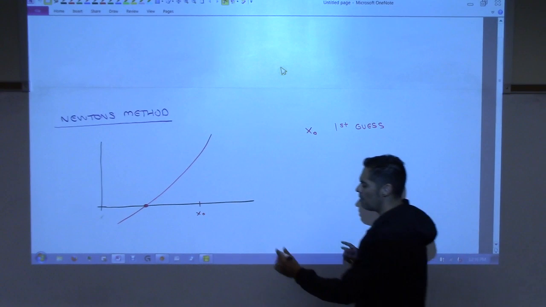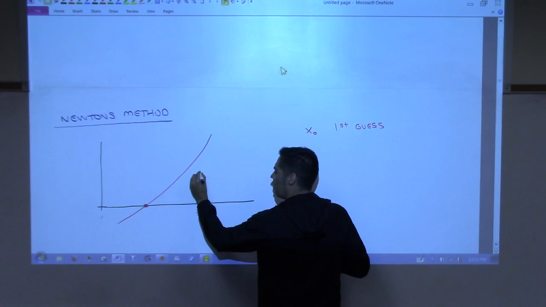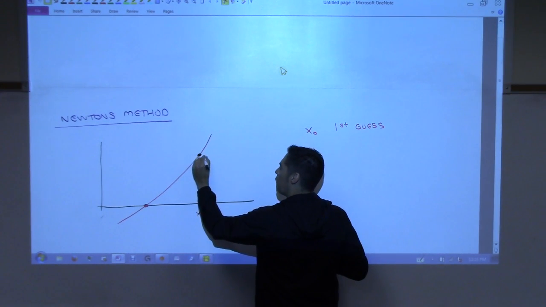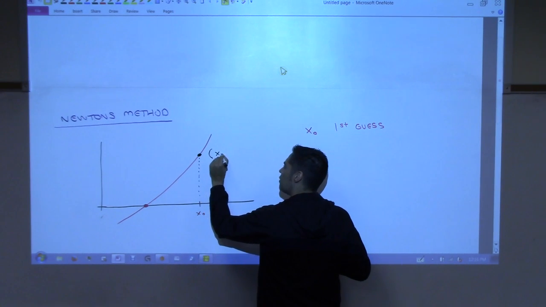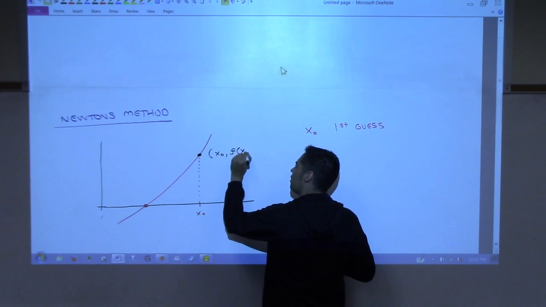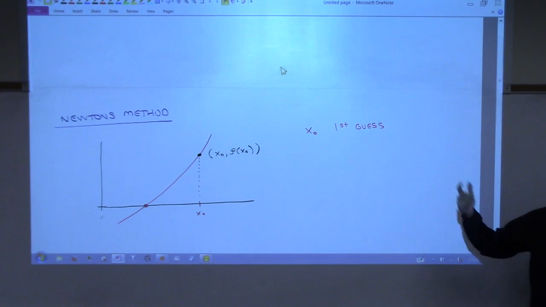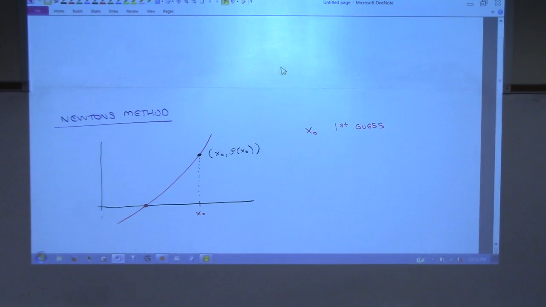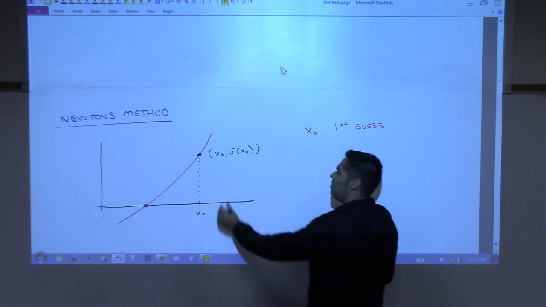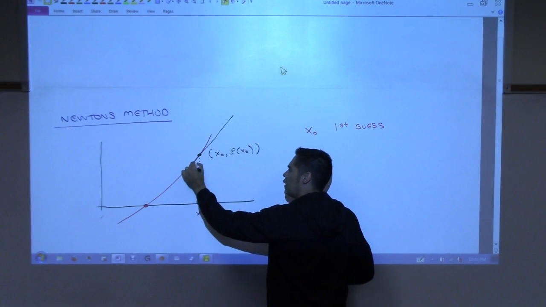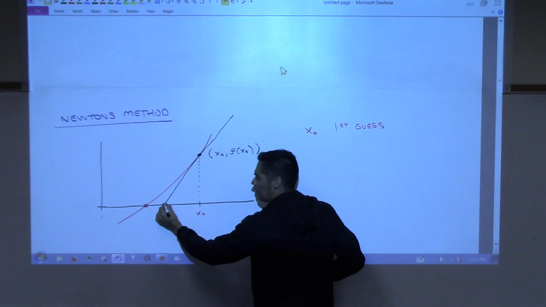Now, when we plug this in, we will have up here a point, and that point will be x sub 0, f of x sub 0. Whatever the function is, you plug the x sub 0 in. Then we look at the tangent line. It comes down here, and it hits right here.